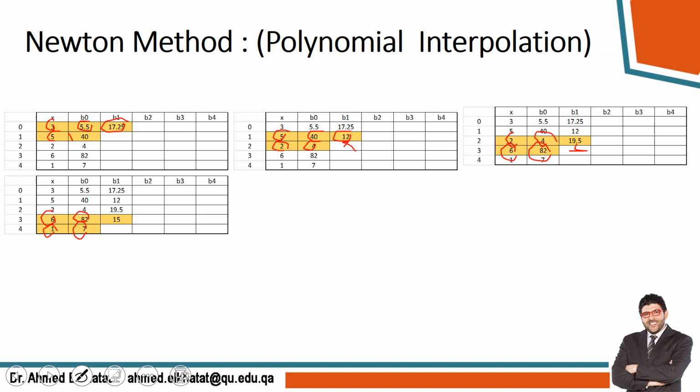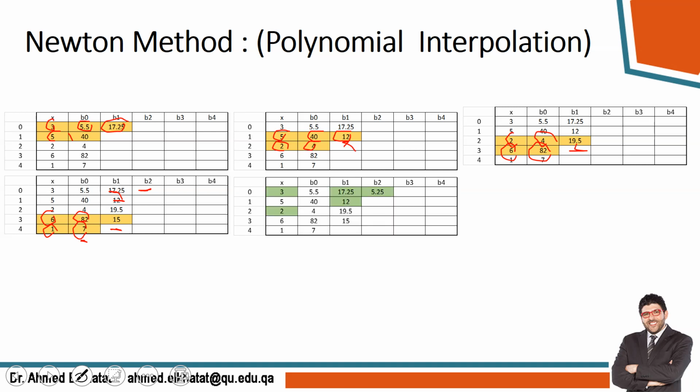Now we can't find the value here because we don't have any data, but we can find the value here from 12 minus 17.25, and here the x is 2 minus 3. Why 2 minus 3, why didn't we use 5 minus 3?